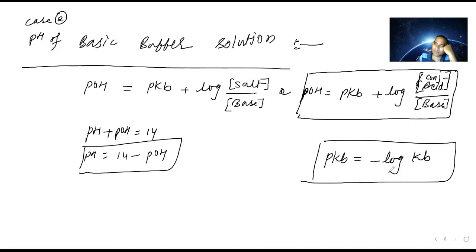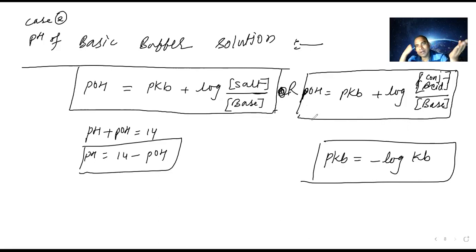And so we don't use a salt in this equation, we use the conjugate acid. Here salt is there now. Oh, salt, sorry, I was looking at the boxed equation. Both are the same. In your book, generally, here in India, we teach salt upon base, and it becomes very easy.